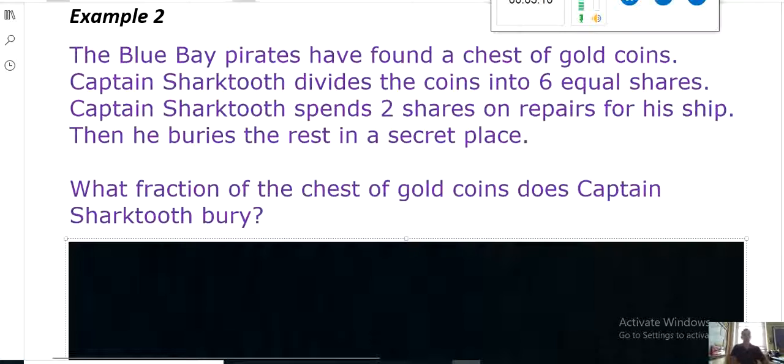So let's see. They want the fraction of the gold coins that he buried. So what does it talk about burying? Well, it says he buries the rest. So we have to figure out, okay, how much did he have total, and then what did he do with some so that we have the rest of it left over. So he divided it into 6 equal shares, so the total number is 6. Let's set up our fraction.